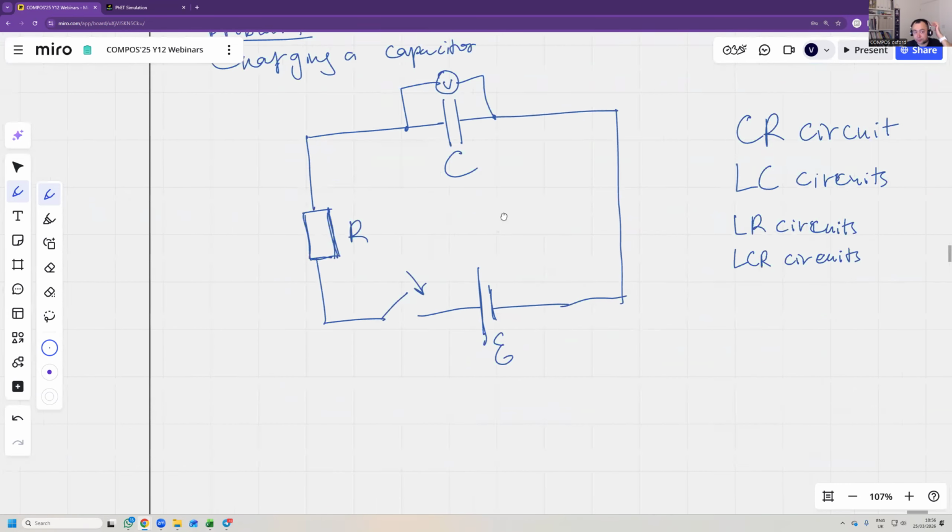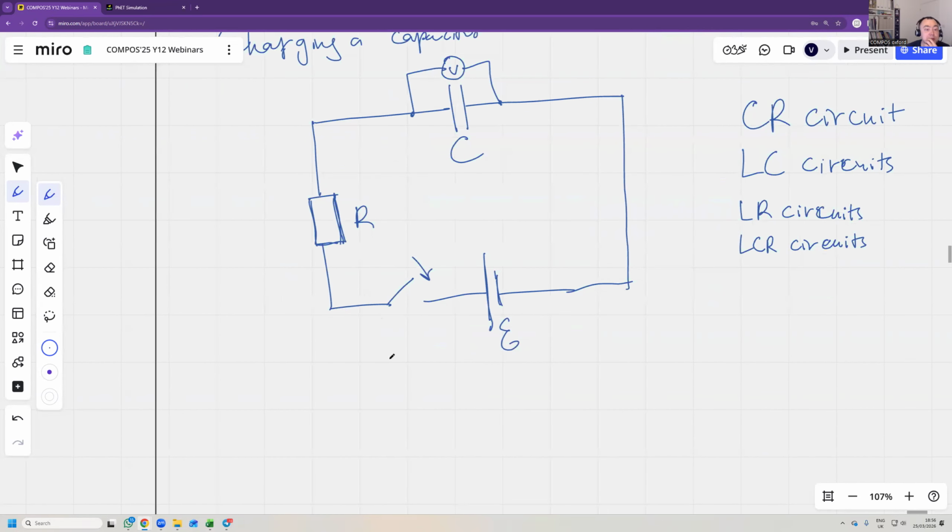To do this, we're going to write Kirchhoff's second law, which simply says that the voltage on the battery is the voltage on the resistor plus the voltage on the capacitor.